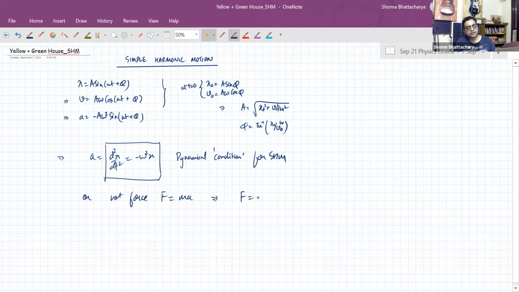F can be written as minus m omega square x, and you can see that at x equal to 0, it is the equilibrium position.